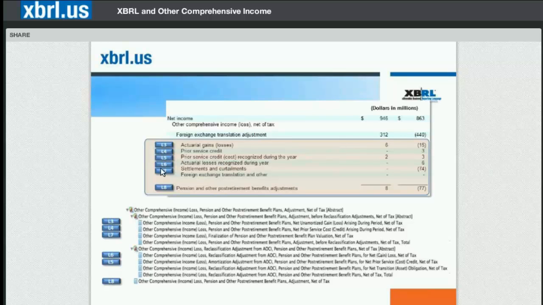L7 represents gain or loss adjustments to other comprehensive income or loss resulting from the settlement or curtailment of one or more defined benefit plans. It represents the net effect of the increases and decreases in OCI during the period relating to defined benefit plans.